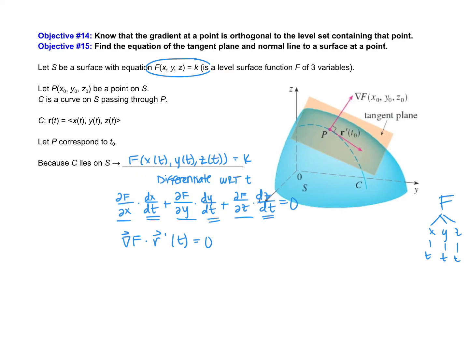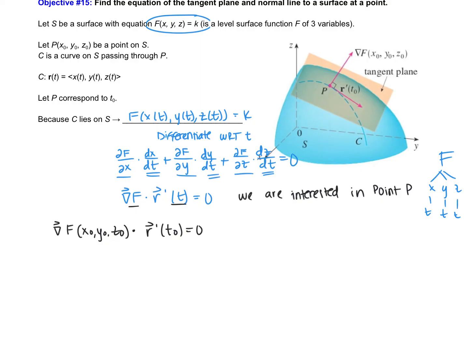So that's pretty cool. Now, at this point, we are interested in point P, of course. So we're going to substitute in point P here. What that gives us is that the gradient of f at the point x naught, y naught, z naught dotted with r prime of t naught is equal to 0.